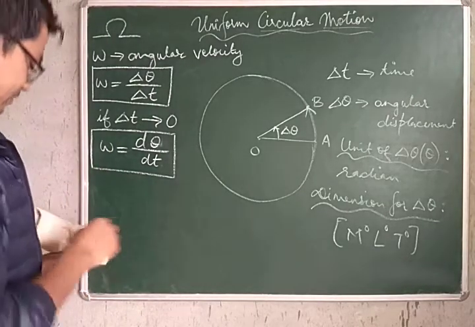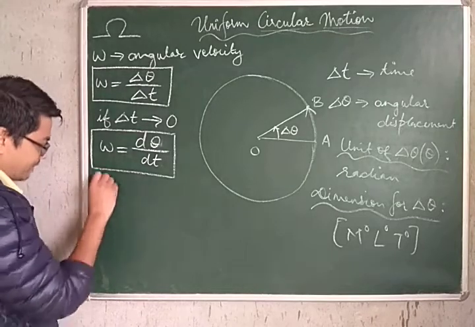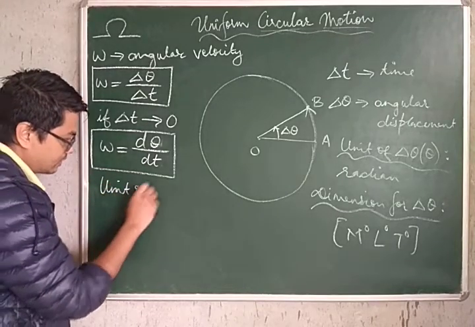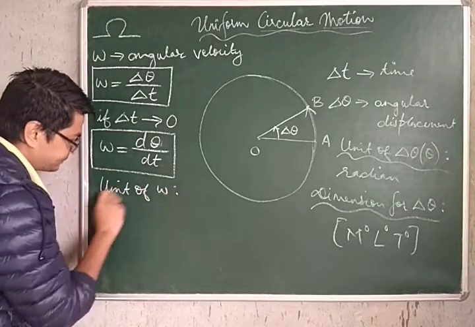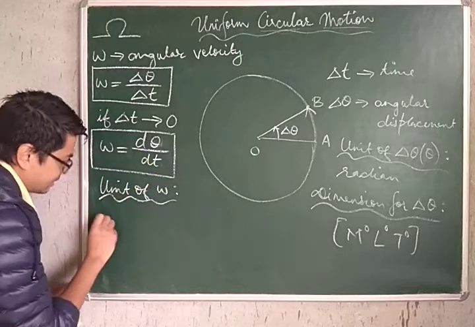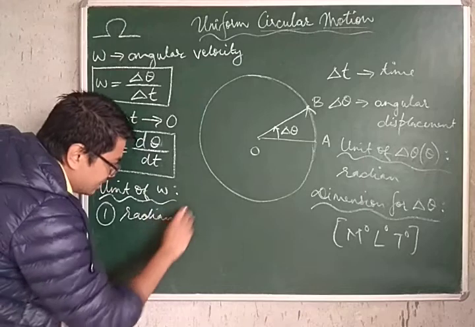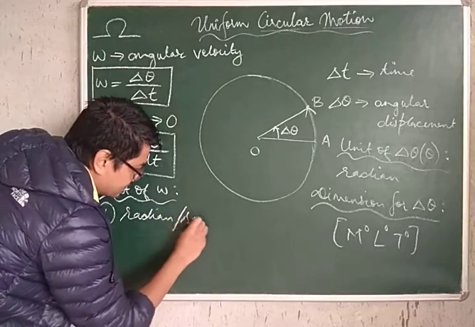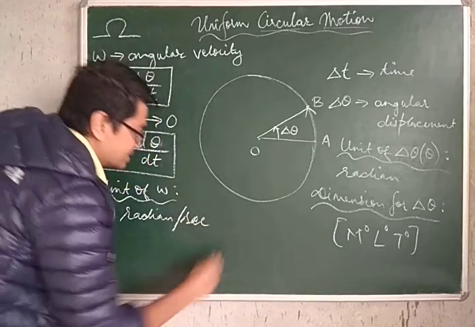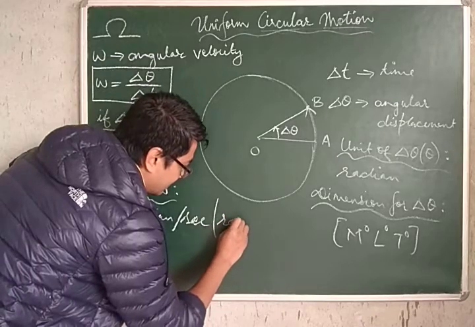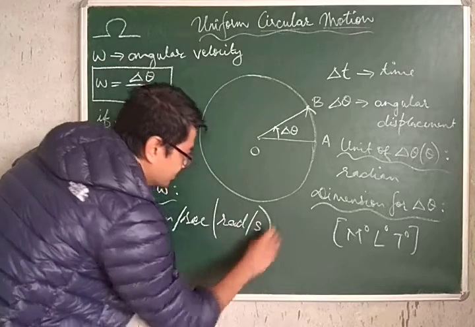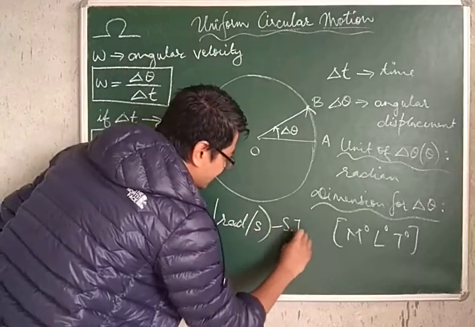By the way, what is the unit of omega? The SI unit is radian per second, also denoted by rad per second, and this is the SI unit, remember.